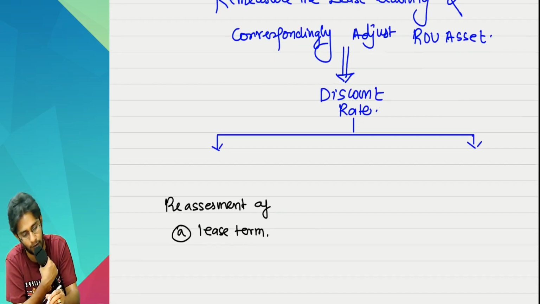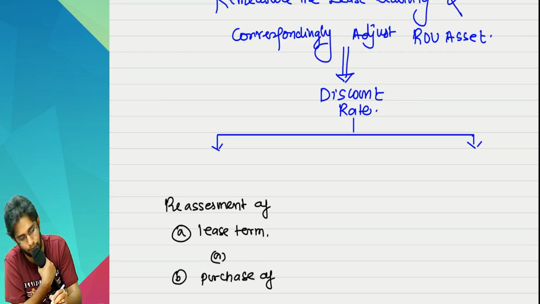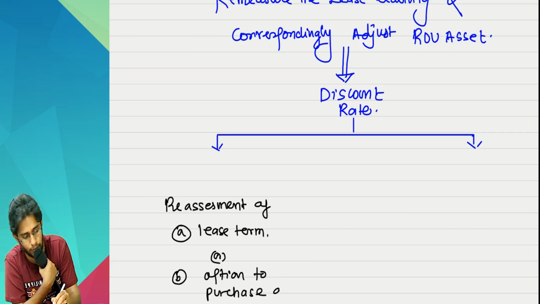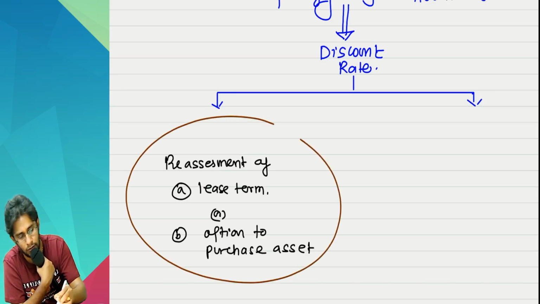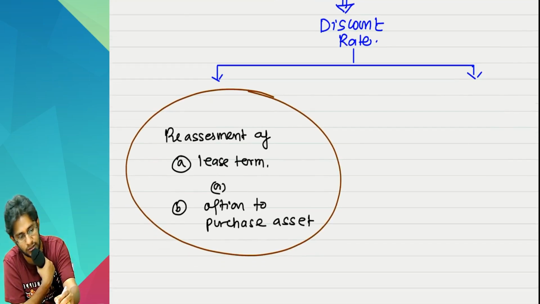Or the case of purchase of asset, or option to purchase the asset. In two cases, sir, you should go with the latest rate or revised discounting rate.